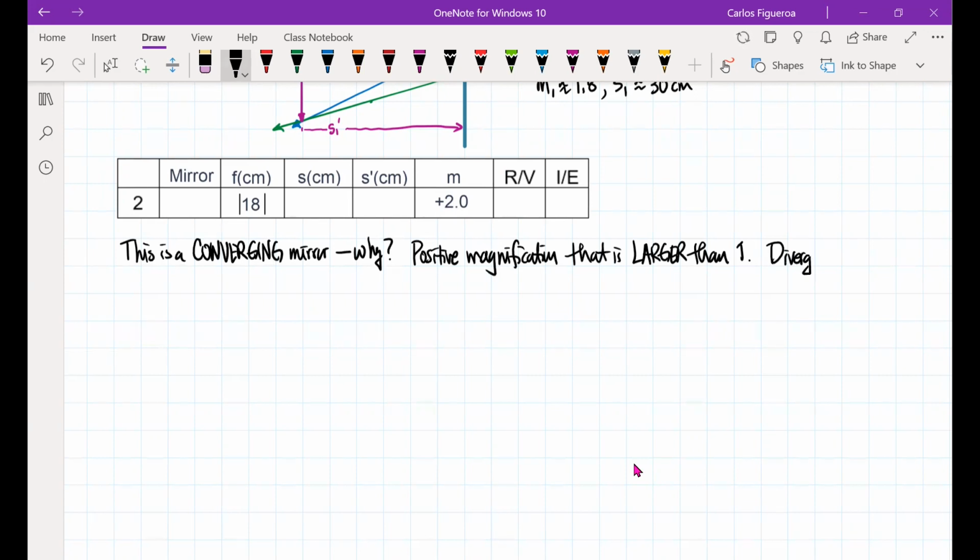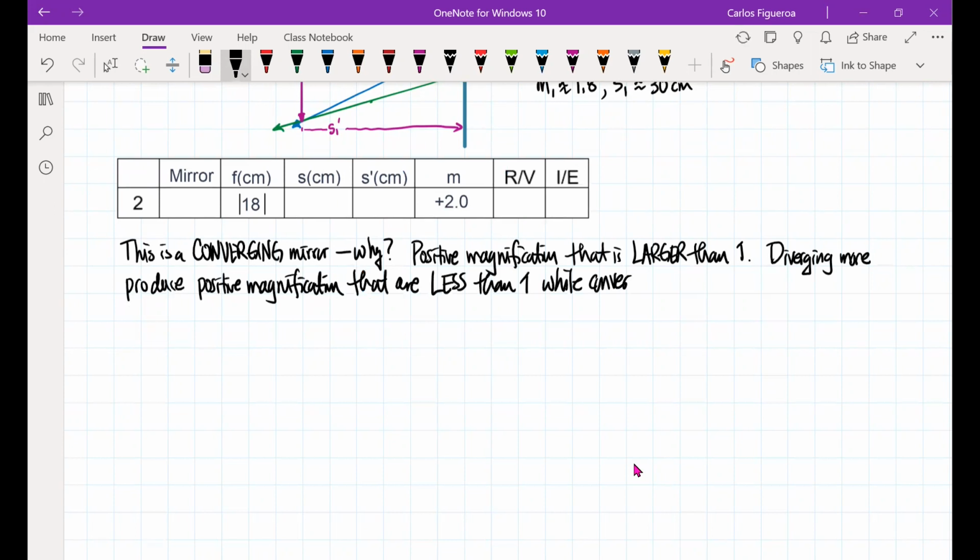Diverging mirrors produce positive magnifications that are less than 1, while converging mirrors produce larger than 1.